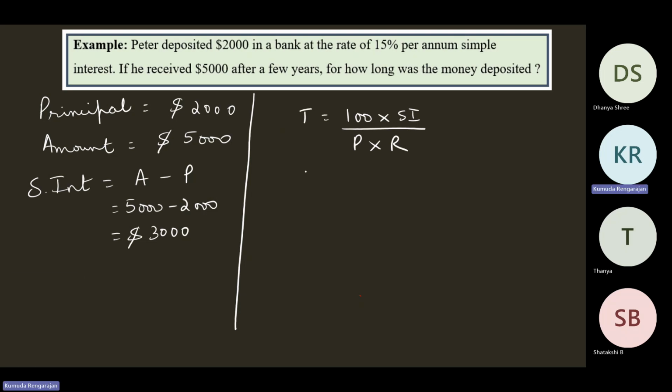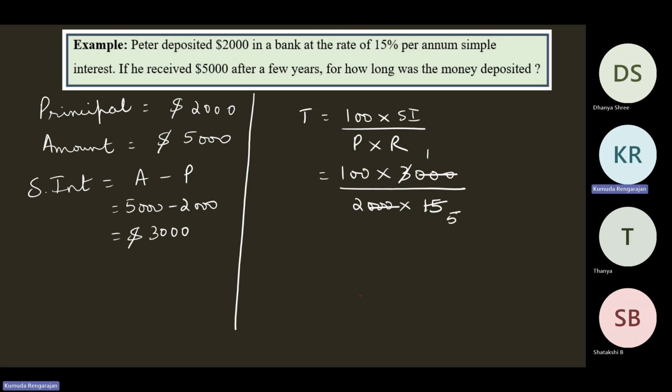So time is equal to 100 into SI, 3,000, by P, 2,000, into R. R is given per annum only, so you can take 15 directly, 15% per annum for 1 year. So you can substitute like this. 3 zeros, 3 zeros. 3 ones are 3, 3 fives are 15.